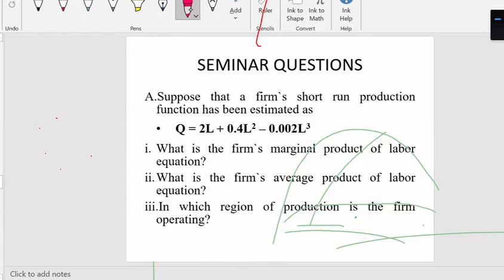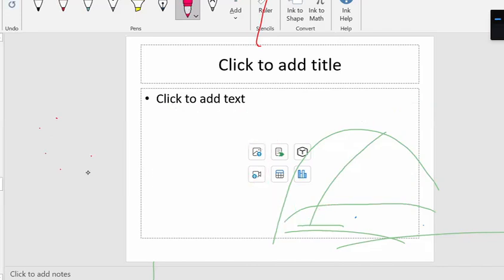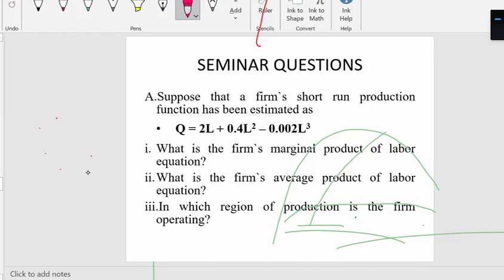Another question: what is the firm's average product? I think that one has no problem. Just take the total product. Let's do this. Average product is equal to what? Total product divided by L. What is the total product? It is the same as before.